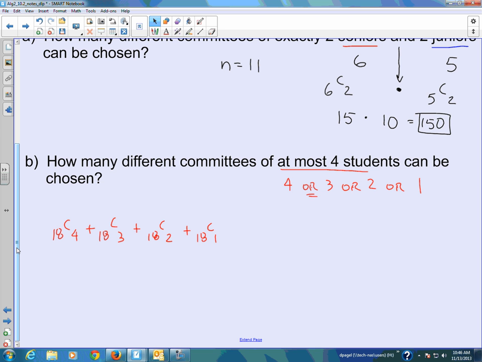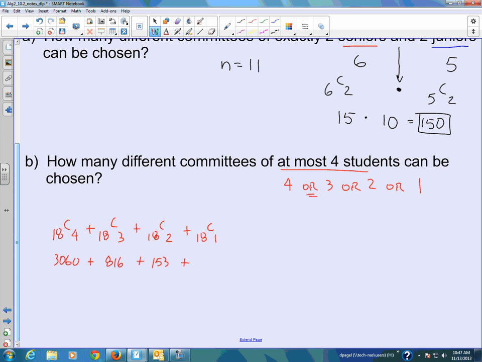All right, and then check in with our different combinations here. So an 18C4 is 3060, and an 18C3 is 816, and an 18C2 is 153, and an 18C1.